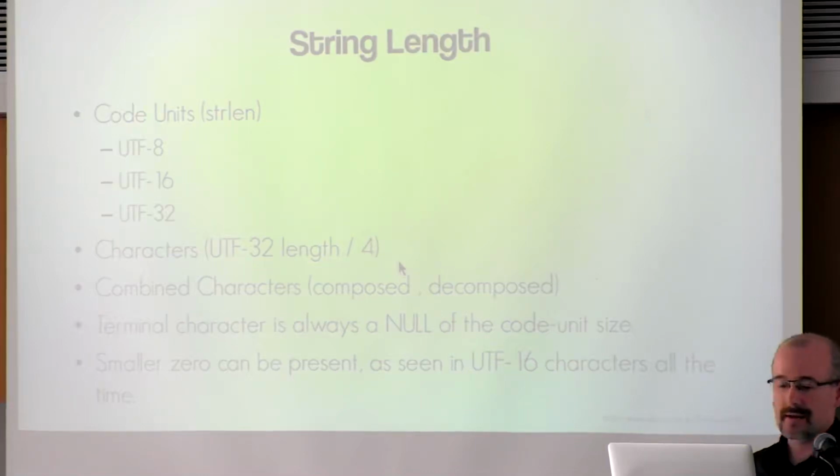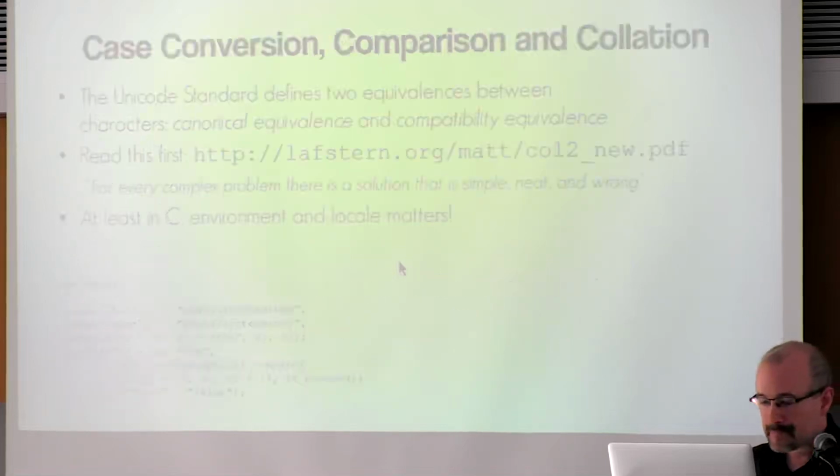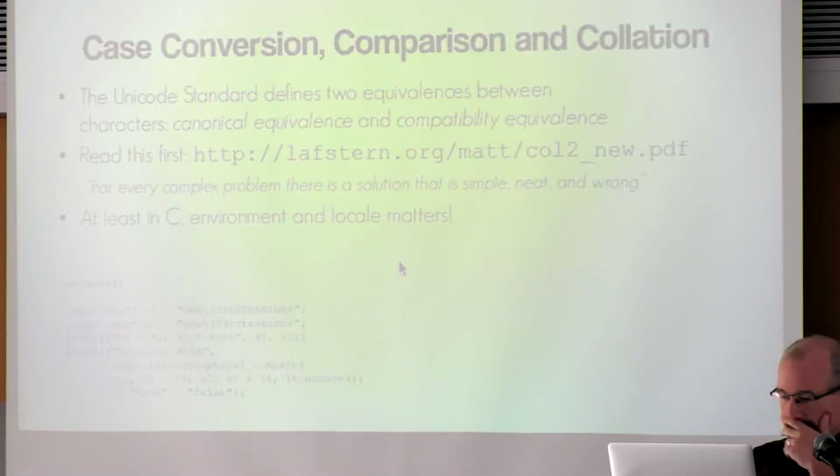So yeah, you could look at character length. You could look at combined characters. You could look at straight bytes, characters. There's a bunch of different ways of looking at it. Case conversion is a little tricky. In C, the operation of a C program is not well defined in the case of Unicode.